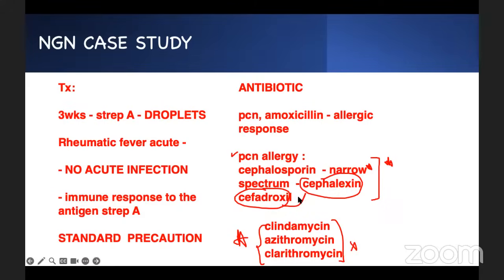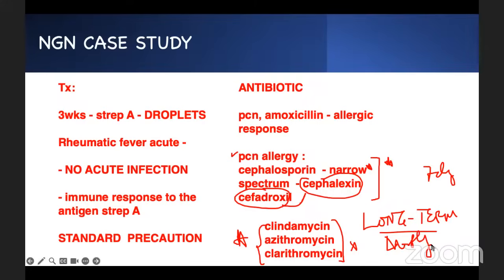So you need to give the kid antibiotic. The key is long-term antibiotic. They need to know that it's a long-term antibiotic. When they have acute pharyngitis, it's just 7 to 10 days. This is long. They have to come in monthly and get an injection. It can take 6 months.